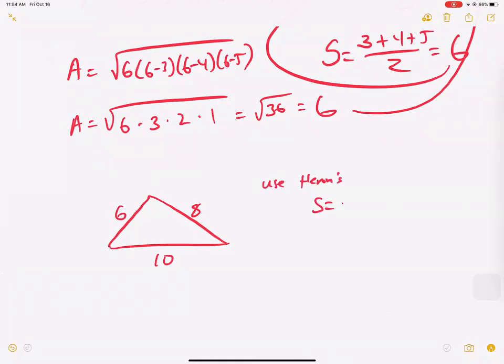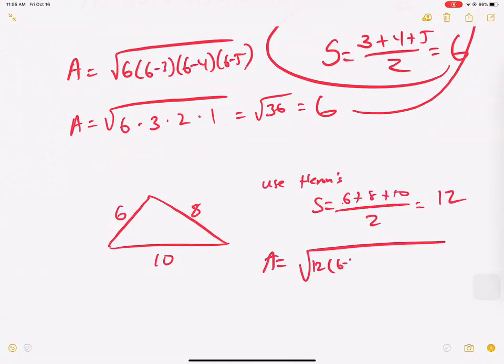So S is equal to 6 plus 8 plus 10 over 2. That gives us 24 over 2, which is 12. Then we write our A value. Our area is the square root of 12 times (12 minus 6), (12 minus 8), and (12 minus 10).